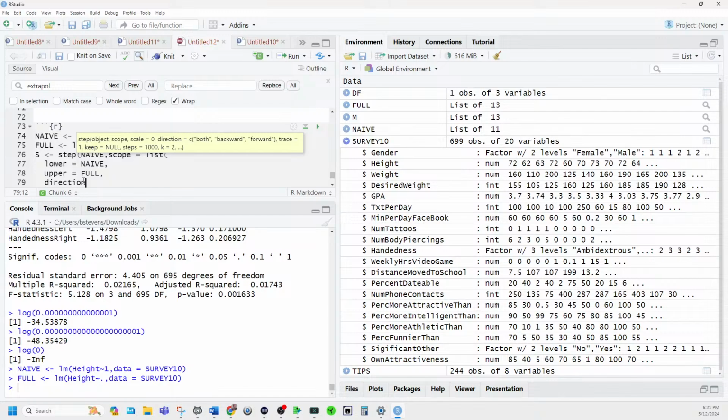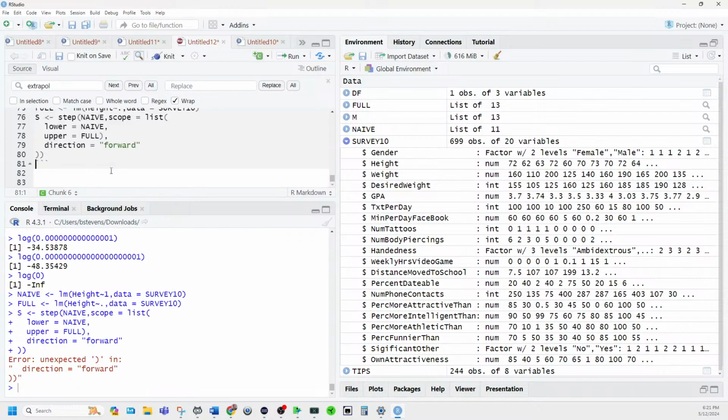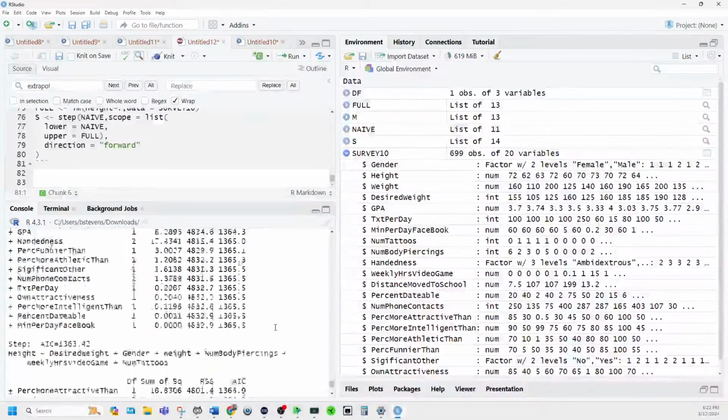I got something going on wrong. Oh, I didn't close my list. There we go, direction, rewrite it. Direction equals forward, unexpected. Oh, it's the extra close right here, I think. There we go.